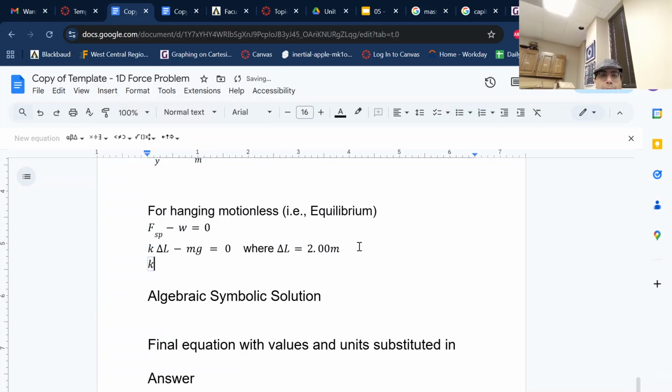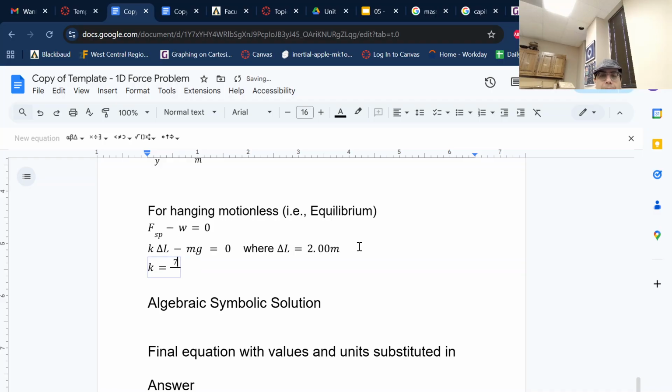And so we can solve this for K. We get 77.0 kilograms times 9.80 newtons per kilogram, and we divide that by 2 meters.